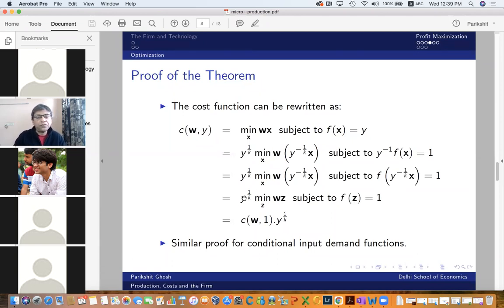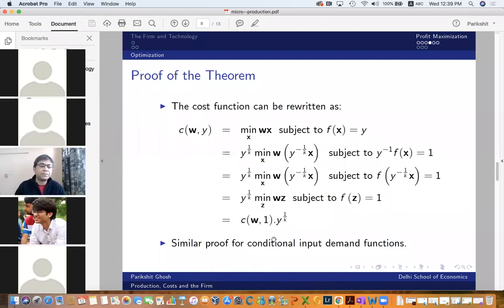If you forget this coefficient, just suppress it for a moment, minimize wz subject to f(z) equal to 1 is basically the cost minimization problem with an output target of 1. That gives us the value of the cost function when the output target is 1. But of course, there's this coefficient sitting here, so in the end we have to multiply by that. So that takes us to the last line. So that's a proof of this relationship.